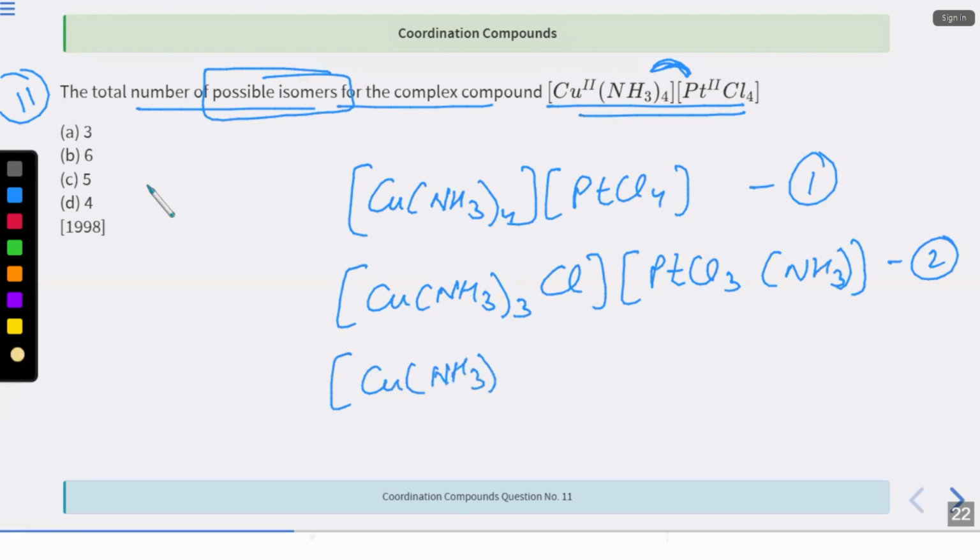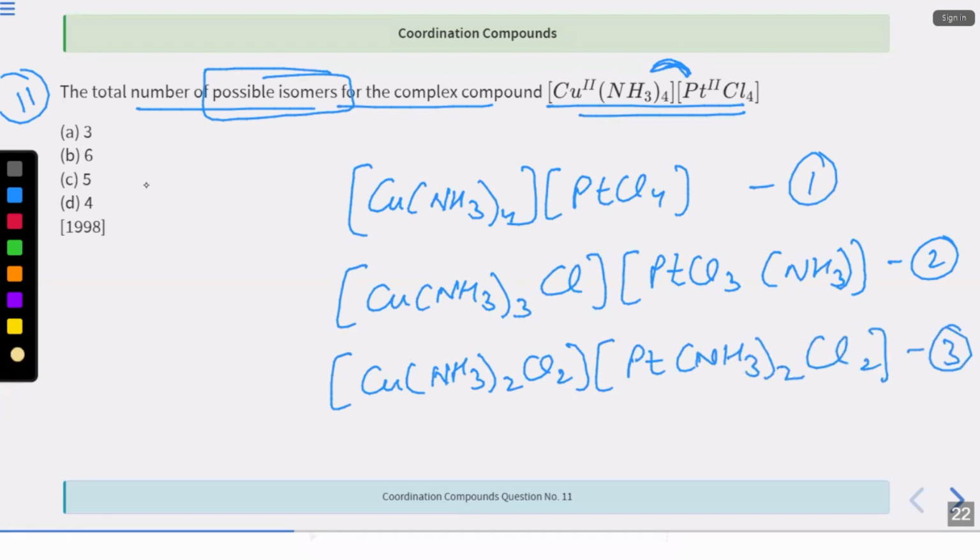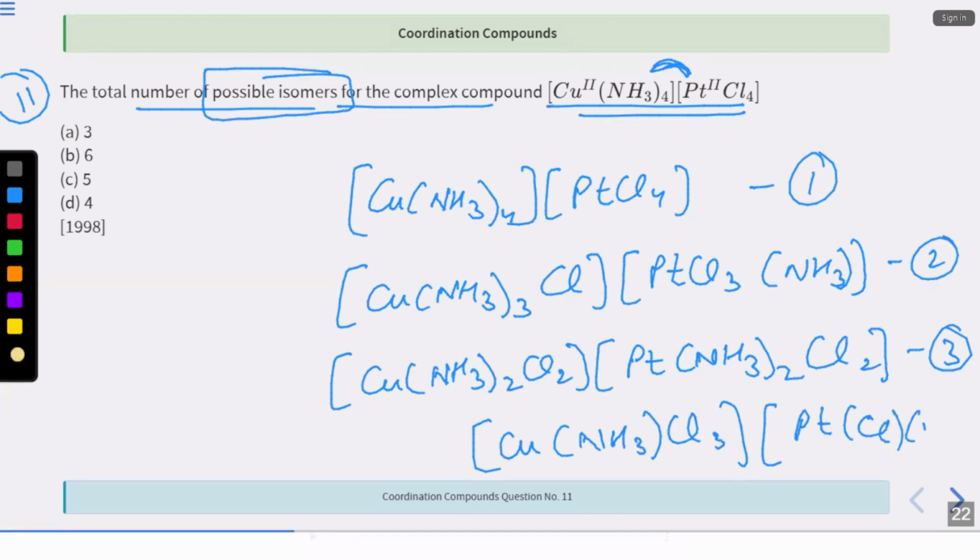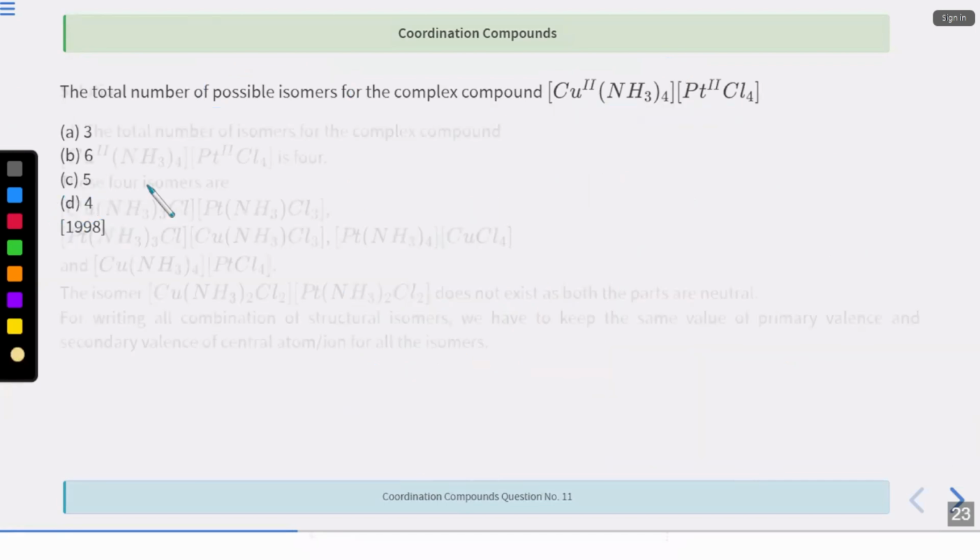So [Cu(NH3)2Cl2][Pt(NH3)2Cl2]. This is the third one. And the fourth one would be [CuCl3NH3][PtCl(NH3)3]. Okay, so this is my fourth one. So the right option is option number D. Again, a simple one. Cool.